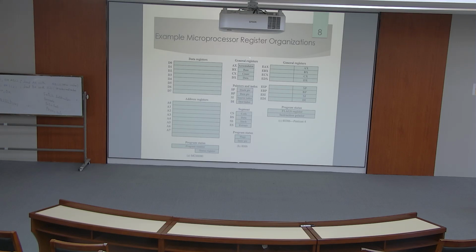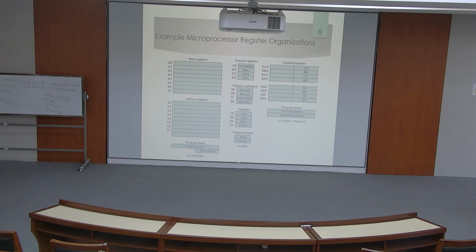For example, you see we have general purpose registers here, pointer and index, but for the MC68000, we have data registers, address registers, and program status.